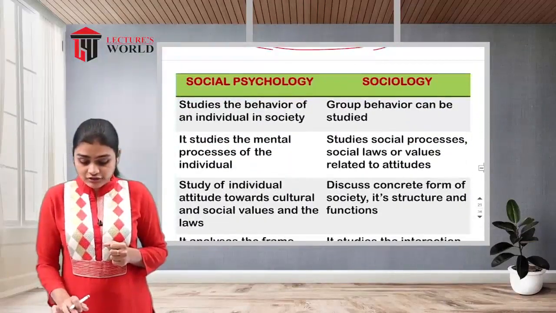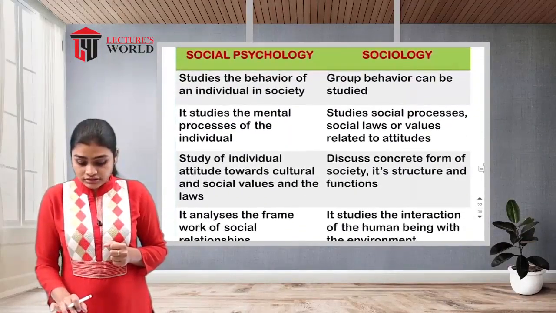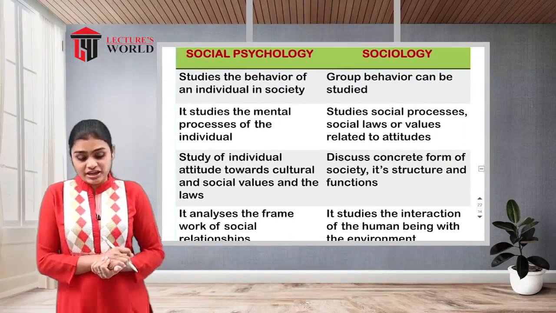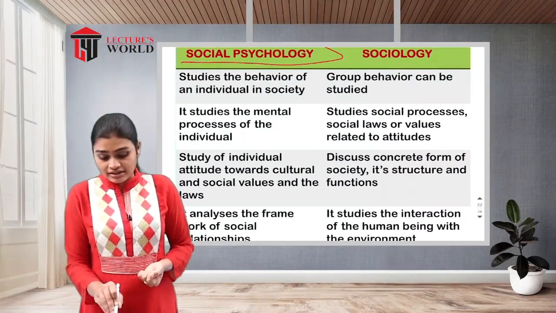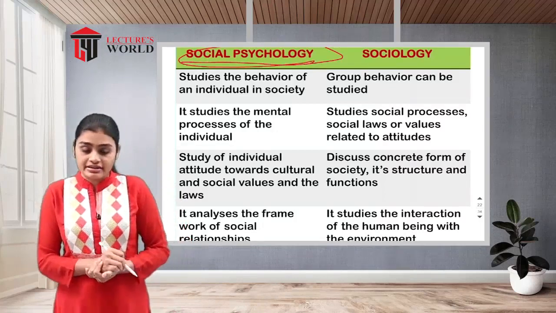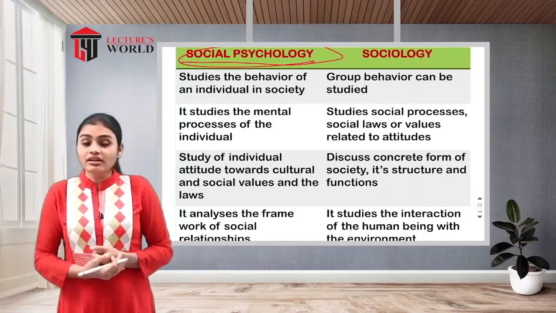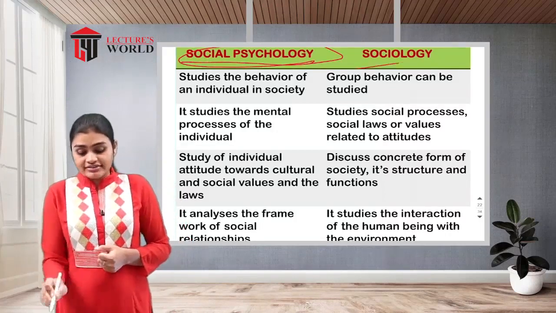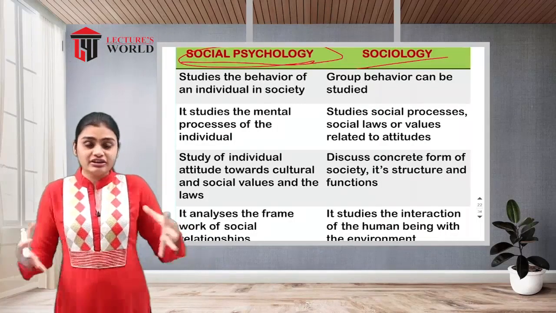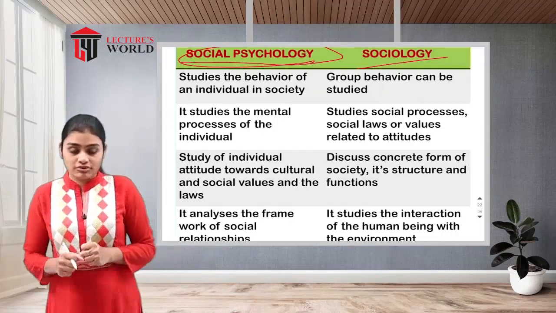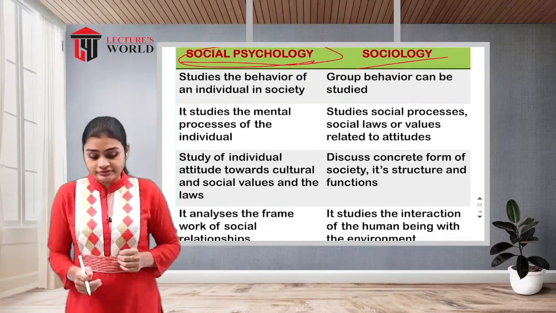After that, we also have relationships with other social sciences. One social science is social psychology, which is also a branch of social science. So let's compare what exactly sociology is and what social psychology is, and what the relationship or difference between these two is.